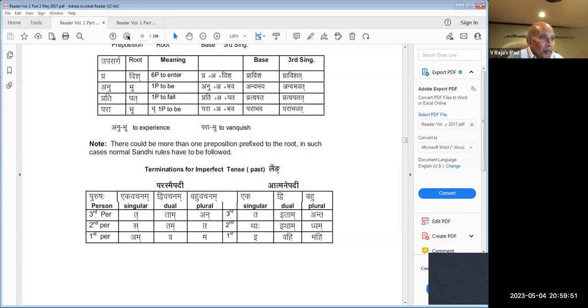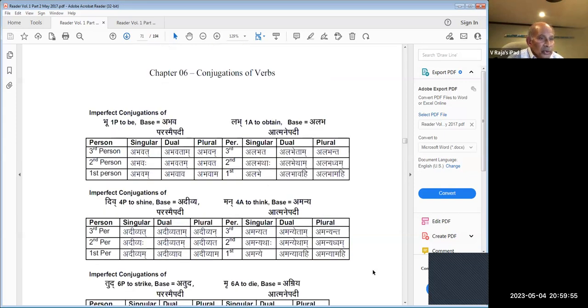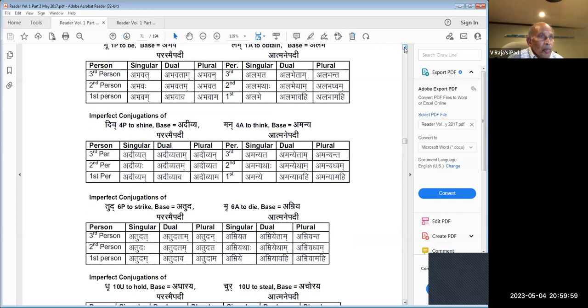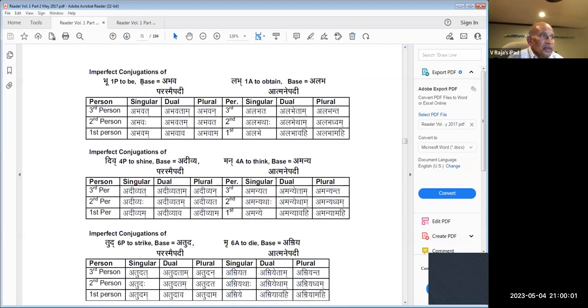But what I did was I took standard roots. Bhu, base is bhava. Now add a in front; bhu starts with b, so there is no vowel-initial issue there. It is abhavat, abhavatam, abhavatan.